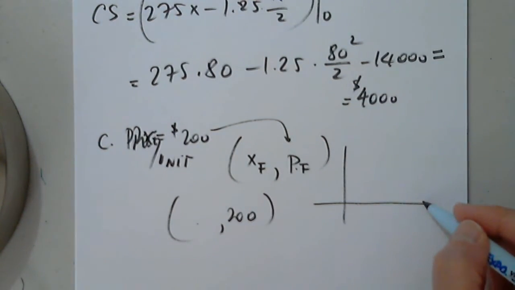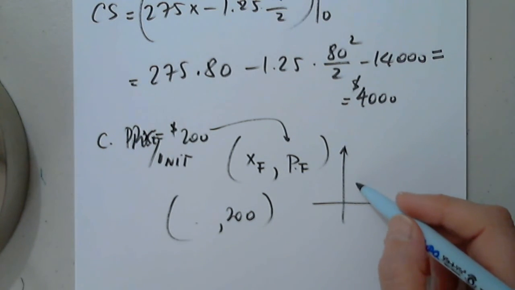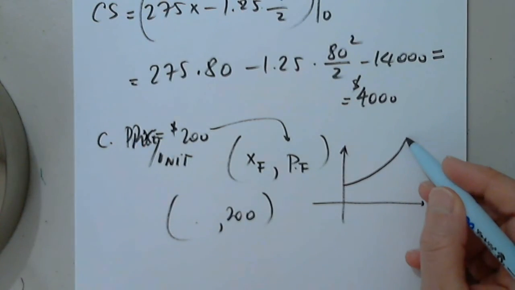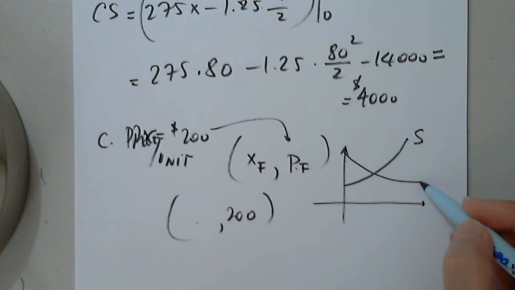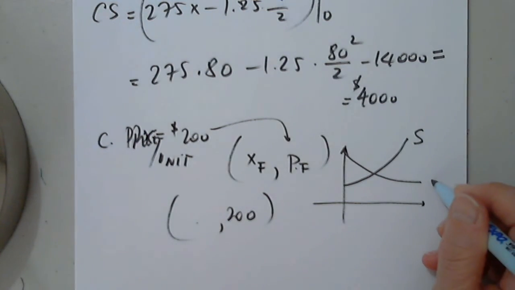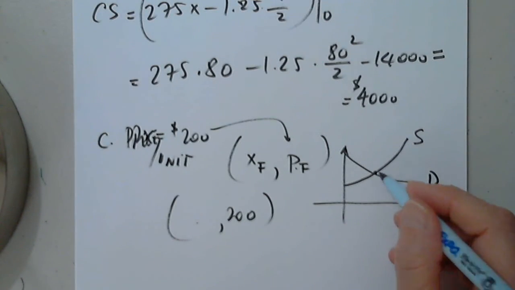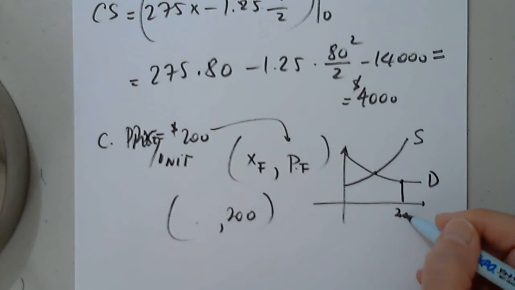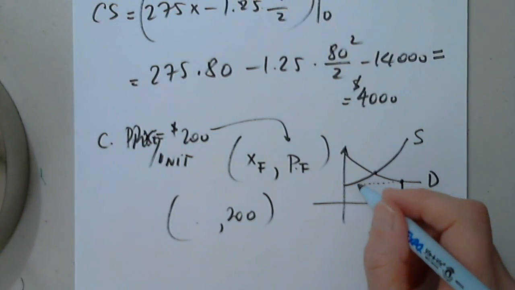So the supply is this, the producer, demand is this, and this price could be here, right? Could be here, 200. So that's the minimum price.